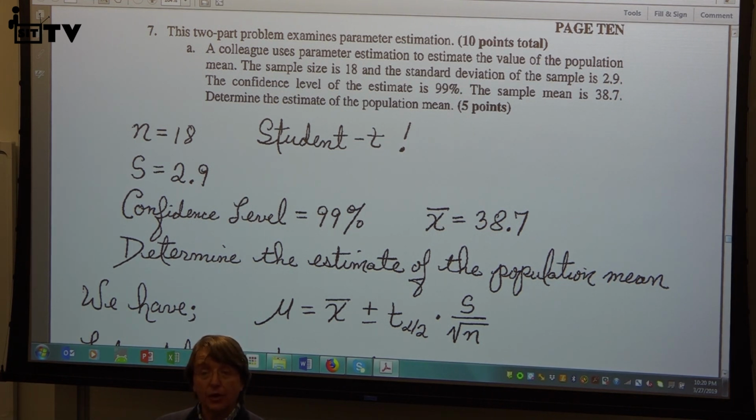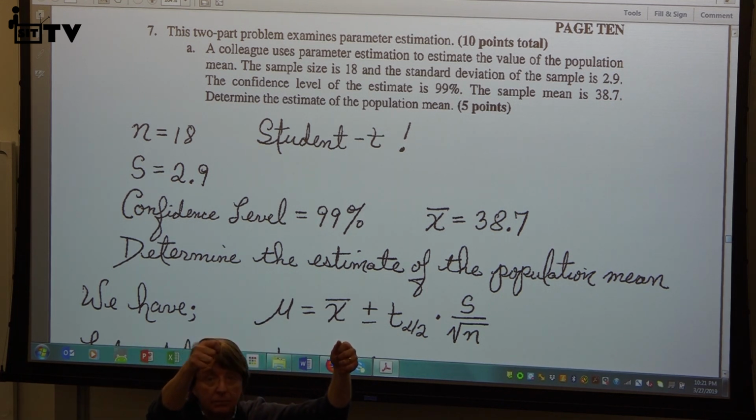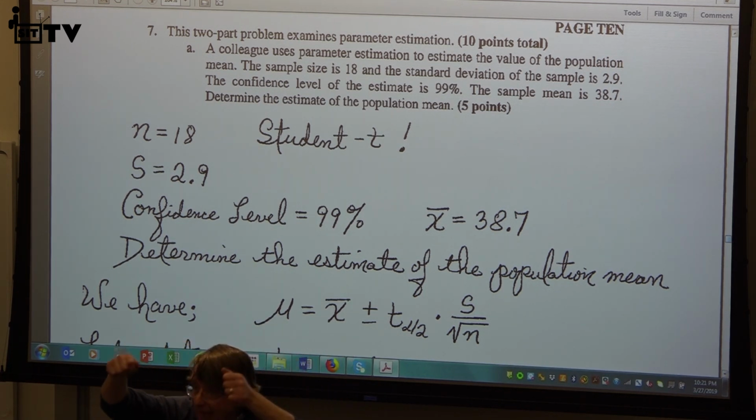If I don't measure enough, it's not Gaussian. It's another distribution called student t. So I have to use a different table. The magic number, and I'll discuss why in class on Friday, is 30. So if I measure more than 30, I use the Gaussian table. If I measure less than 30 of something, I use something called the student t distribution.